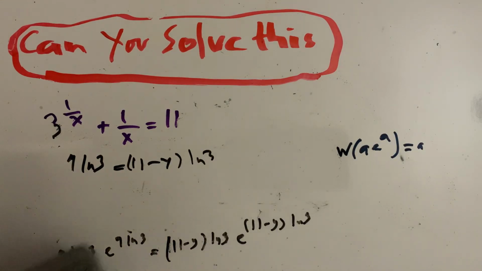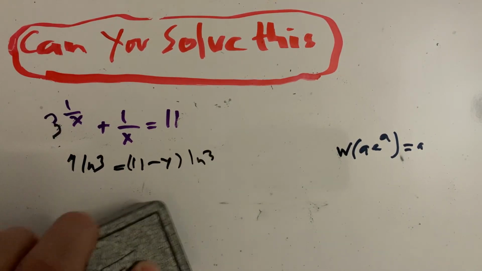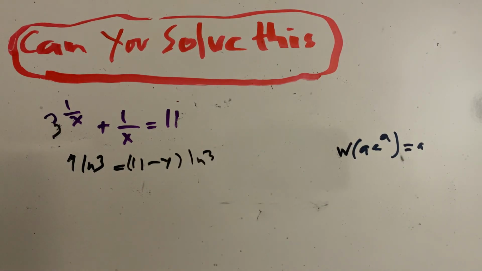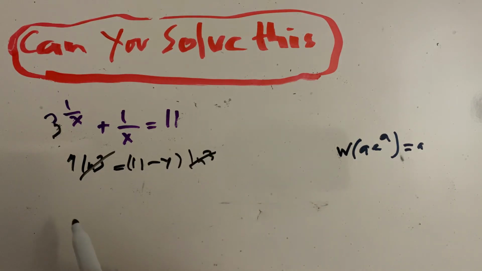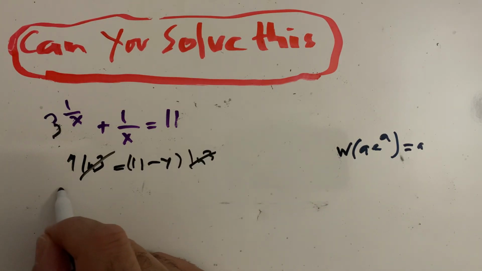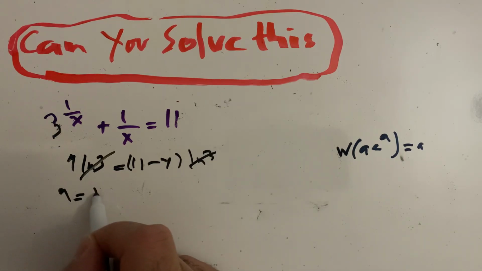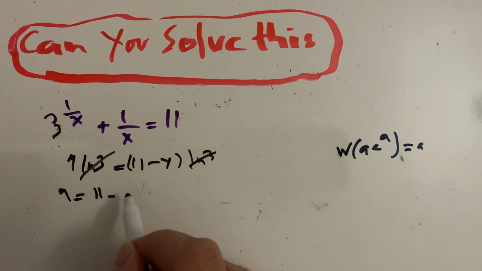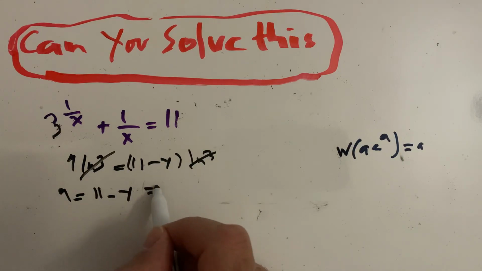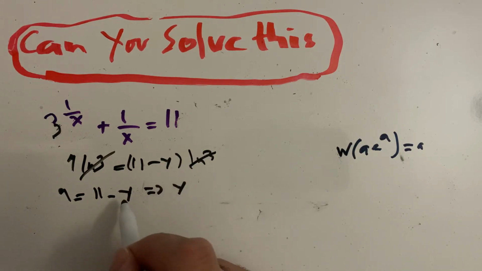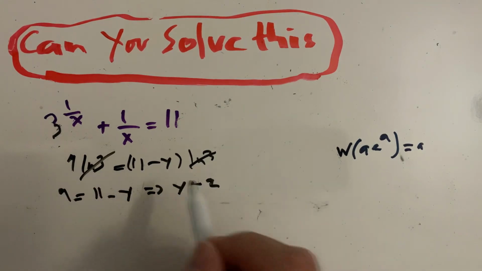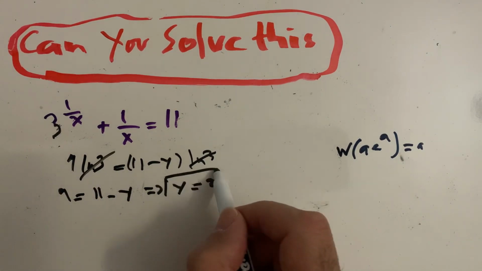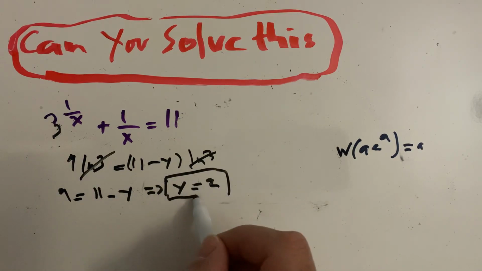So you see, now we almost have the solution. The log 3 cancels out on both sides, and all we have is 9 equals 11 minus y. What is the value of y? How much should we take out of 11 to find 9? 2. So y is 2. It's just simple.